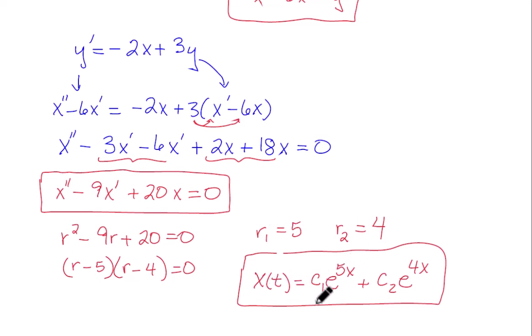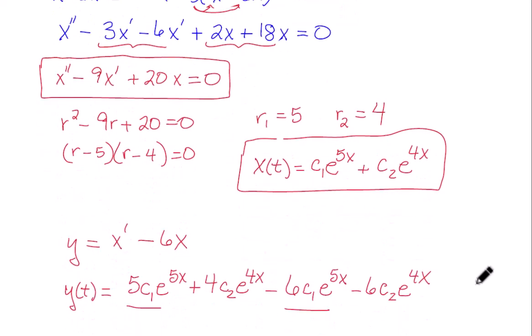So x is C1 e to the 5x plus C2 e to the 4x. Now I go back to what I knew about y. So y is, all right, I'm going to need x, which I've got. I'm going to need to differentiate this. That's why you see a 5 C1 e to the 5x, and this 4 C2 e to the 4x, minus 6 times all that stuff.